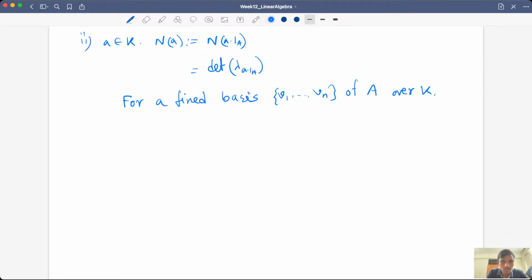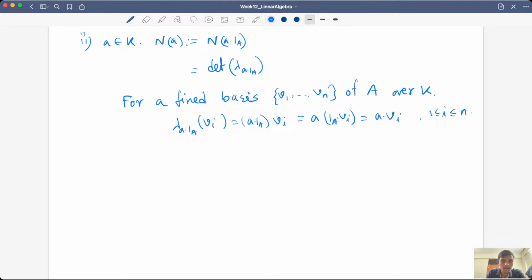So lambda a·1 of any vi is by definition (a·1)·vi, but that is the same as a(1·vi), and 1 being the identity element, this is just a·vi, for all i from 1 to n.